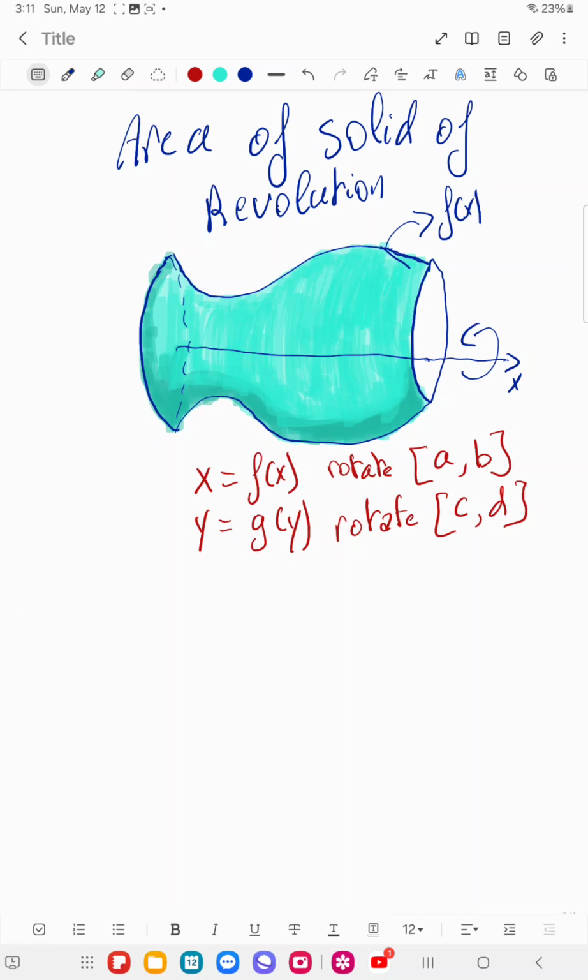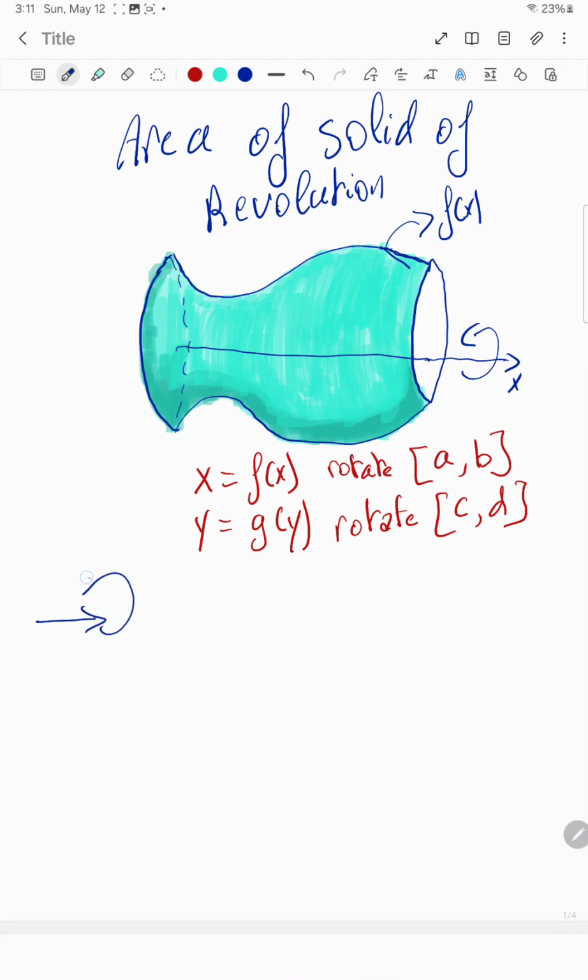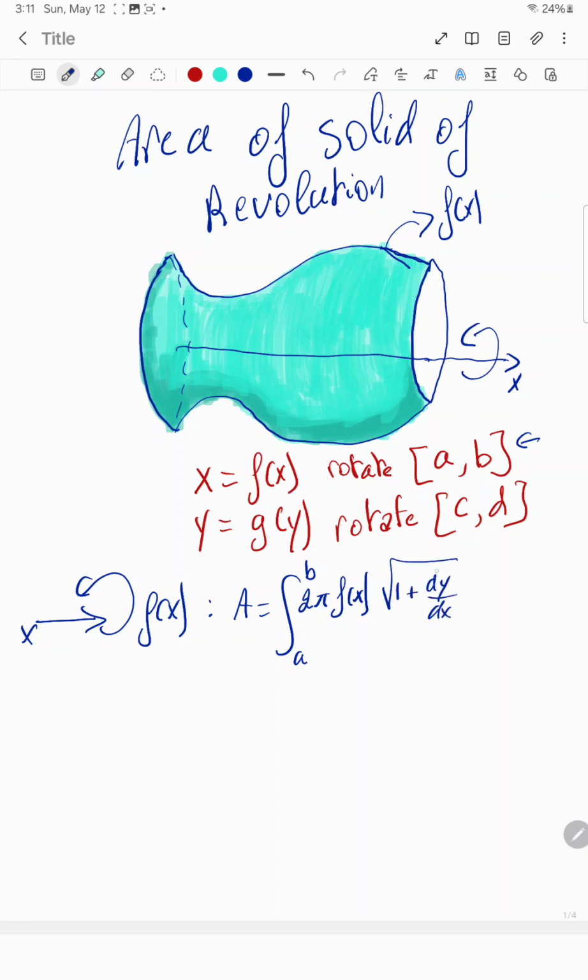So if I'm spinning f of x around the x-axis, the formula would be: the area is equal to the integral between a and b, because I'm spinning between a and b, of 2 pi f of x times the square root of 1 plus dy over dx, which is the derivative of y according to x, squared, times dx.